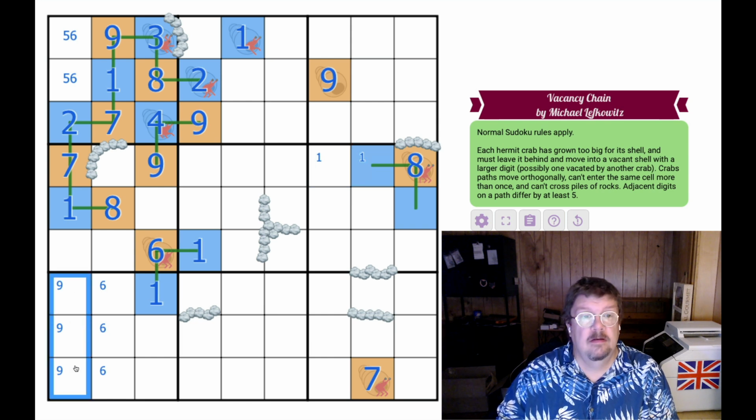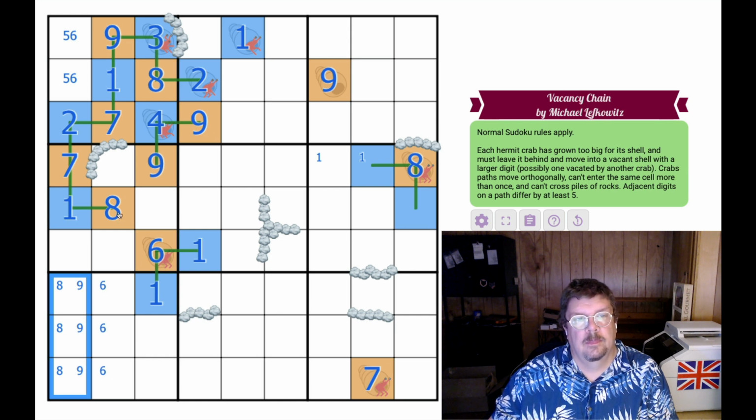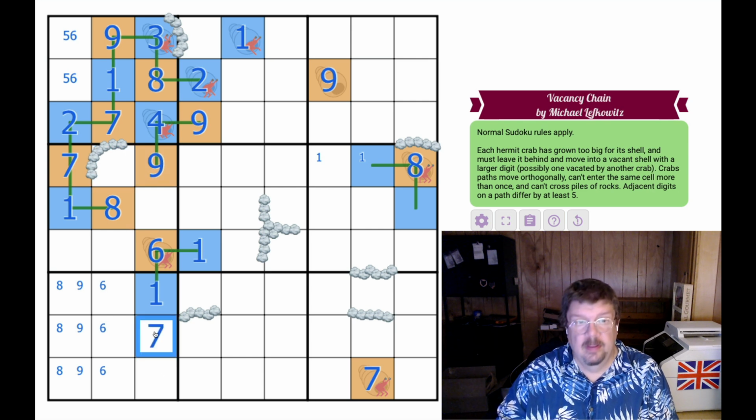We have an 8 down here. Okay. If the path goes this way, that has to be a 2. If the path goes this way, that could be a 2 or a 3. Okay. I have a 7 there.